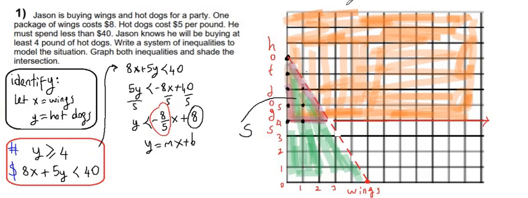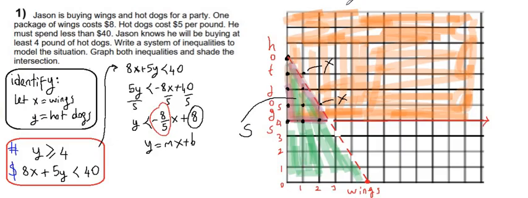Is (1, 7) in the zone here? No, this is not the solution. How about (2, 4)? How about (2, 5)? (2, 5) doesn't count either because it's on the line. So those are all possible combinations.